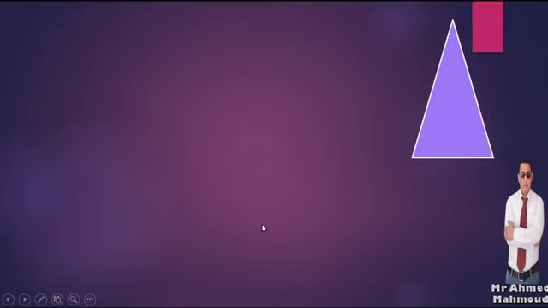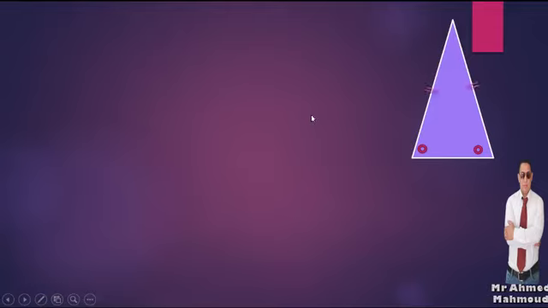Let's say we have a triangle like this. If two angles are equal, then this triangle is called an isosceles triangle because the two sides opposite to these two angles are equal.